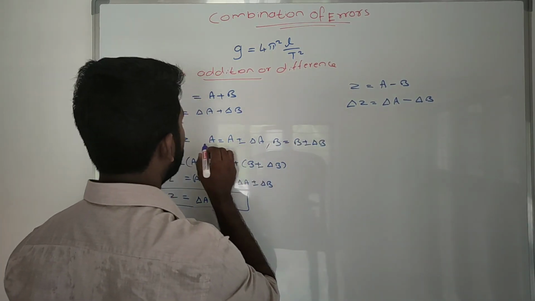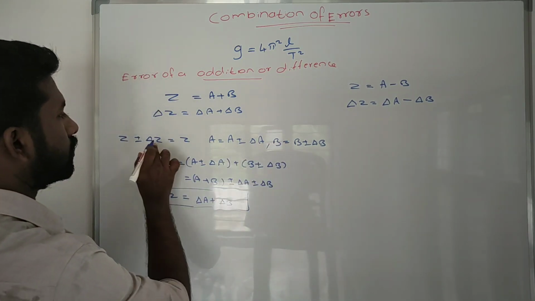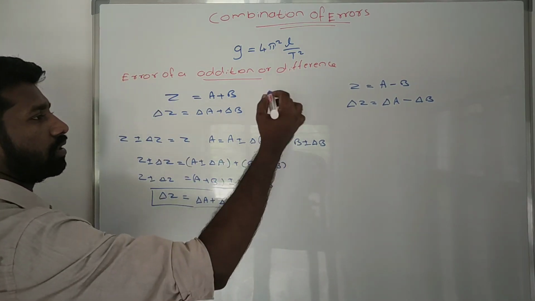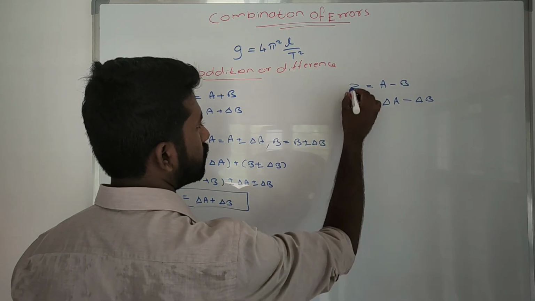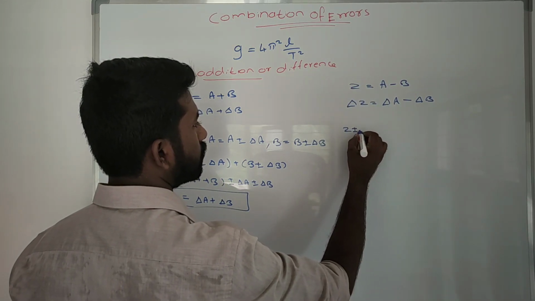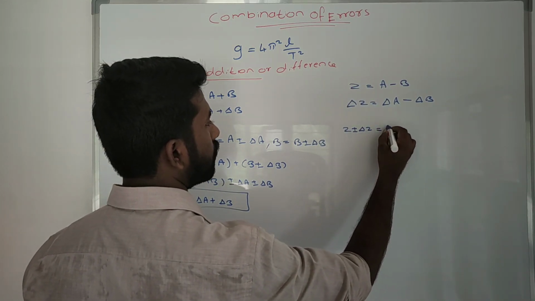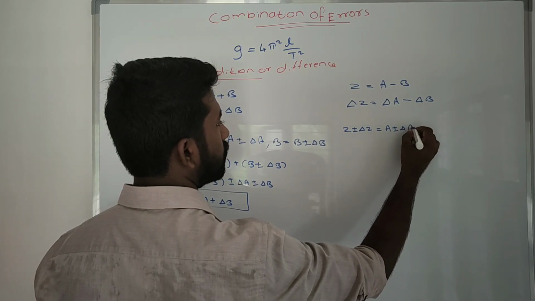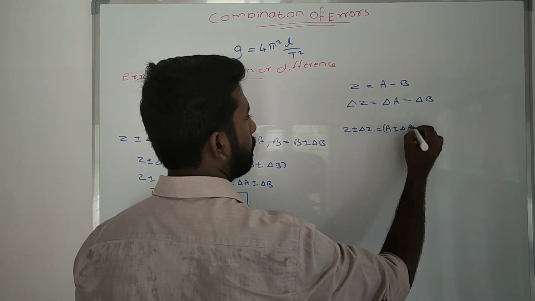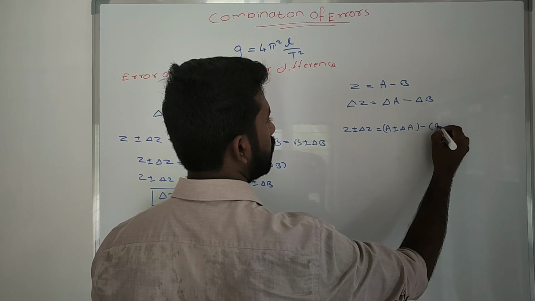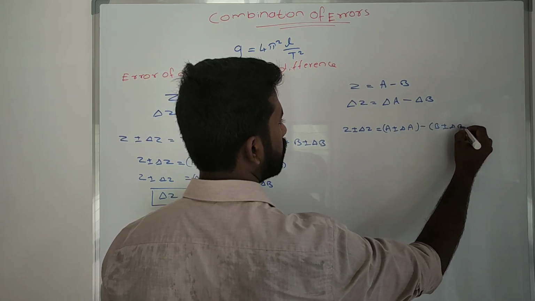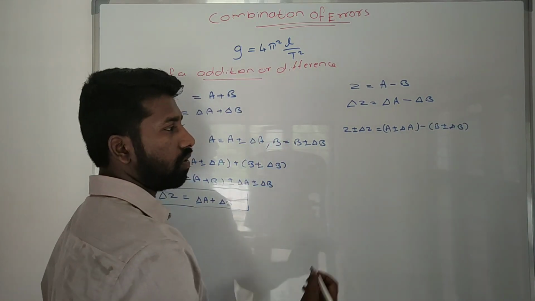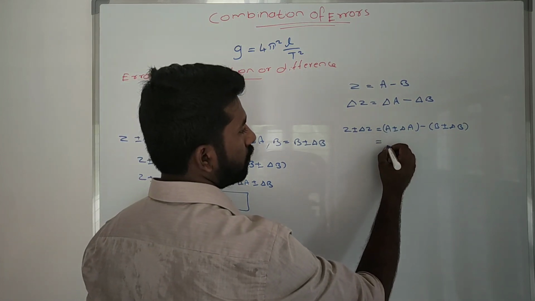If you apply the same condition here, Z plus or minus delta Z is equal to A plus or minus delta A minus B plus or minus delta B.